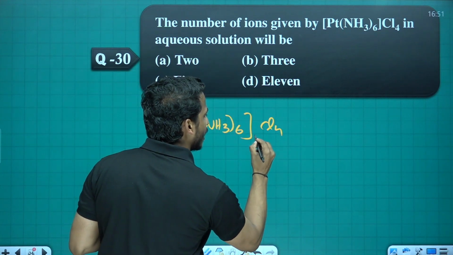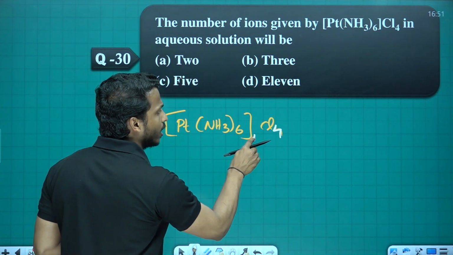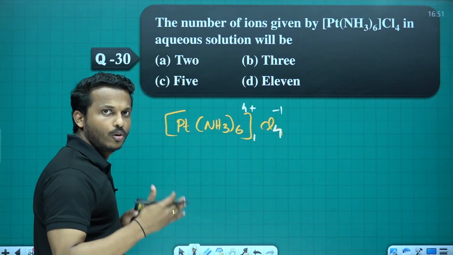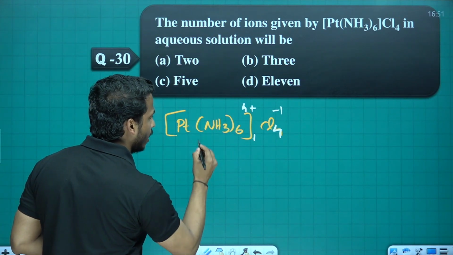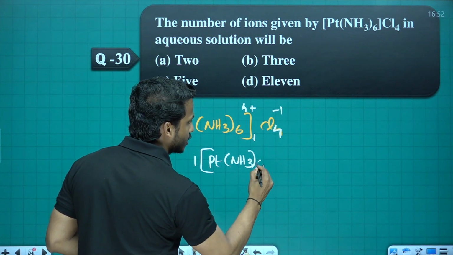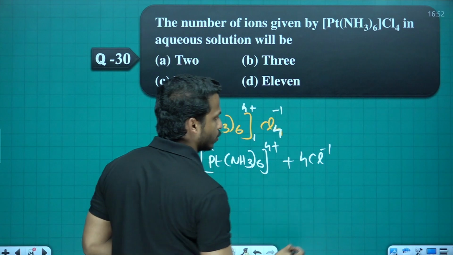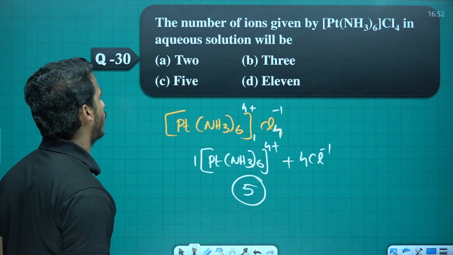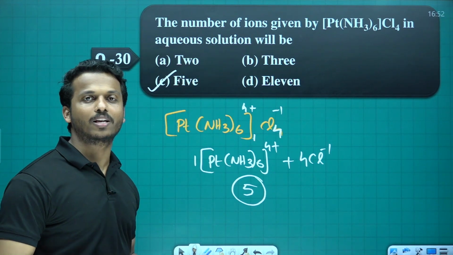So this complex I can write 1 time and chlorine is 4 times. The first one is the cation, the second one the anion. What is the complex? [Pt(NH3)6]4+ and 4 Cl with a charge of -1. Total 1 plus 4, you are getting 5 ions. So what is the answer? 5.